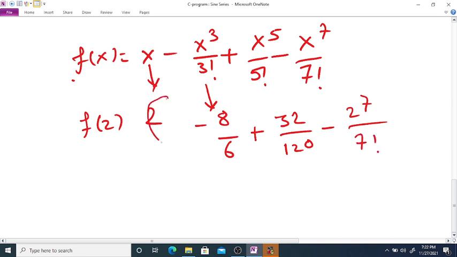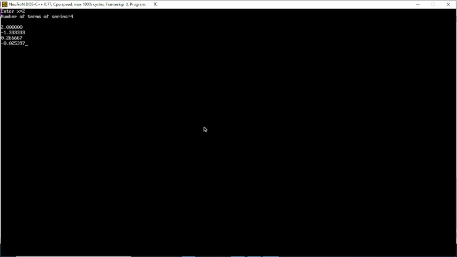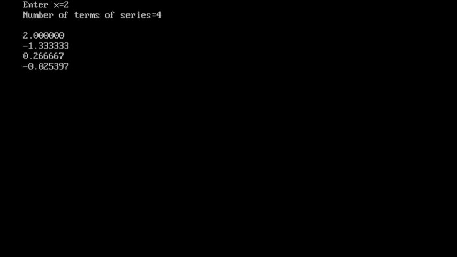So these are the 4 terms. First term is 2, next term is minus 1.333, next term is 0.2667, and again alternate positive and negative sign.